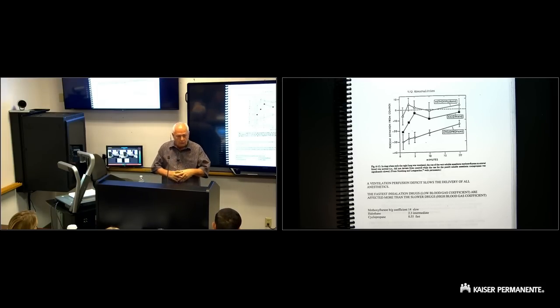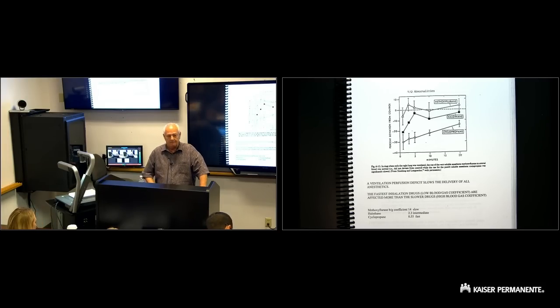So if they have pneumonia when they come in to surgery, if they have a lung disease of some kind, emphysema, COPD, if they had a lobectomy or pneumonectomy, physically have less lung surface, they're going to go to sleep more slowly. All right? But there's a B part to it, and I wrote it for you on the bottom of the page. The B part is this. It affects faster anesthetics more than it affects the slower anesthetics.